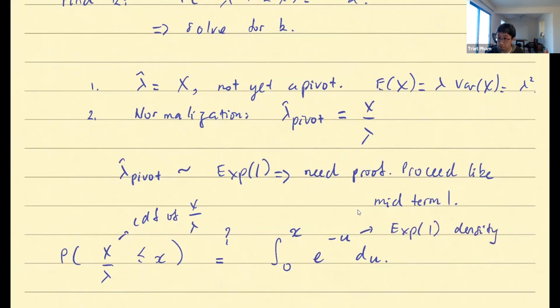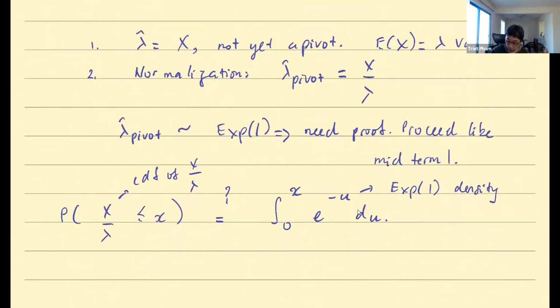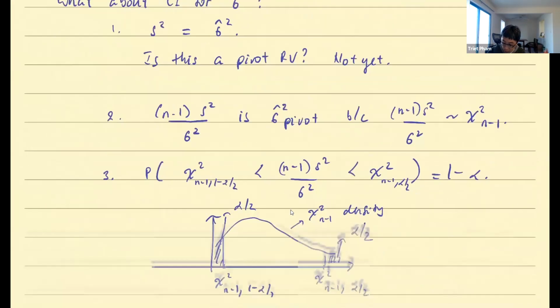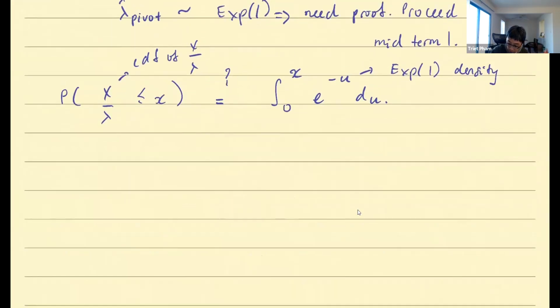Are you okay? But of course, what do you do here? You know x is exponential lambda. So you convert that into this.